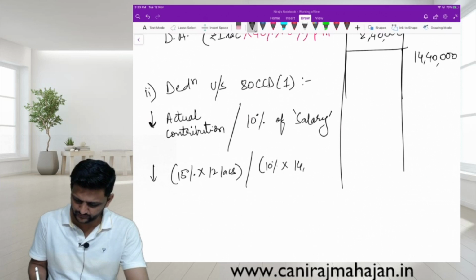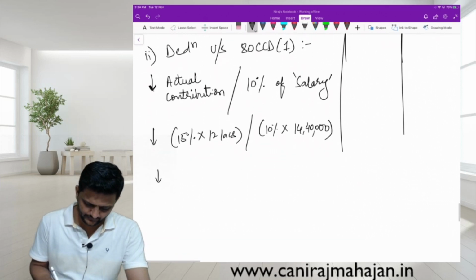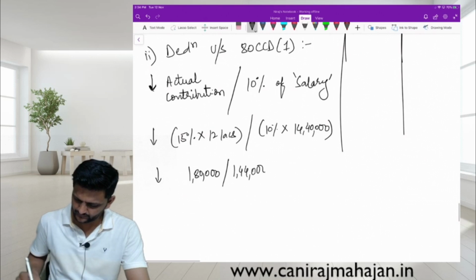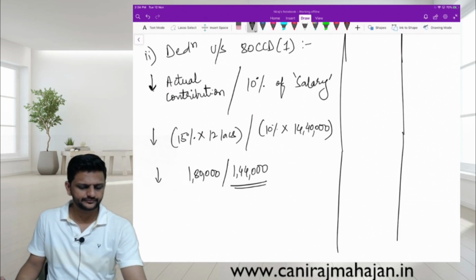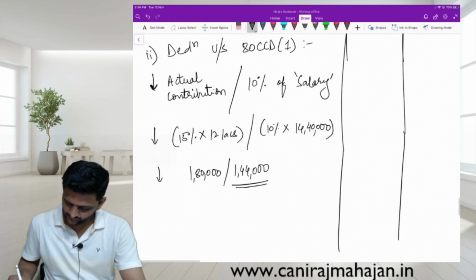14 lakh 40,000, so 1,44,000. Everyone? How much will we take?